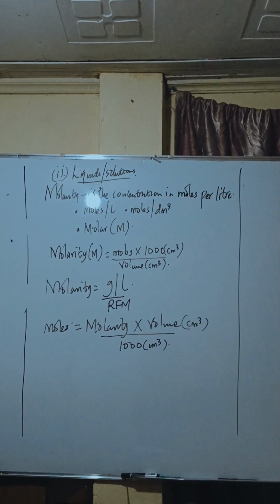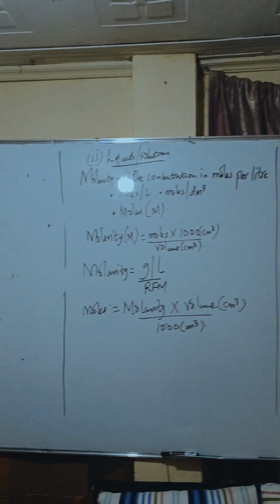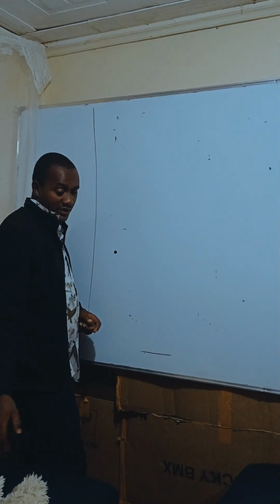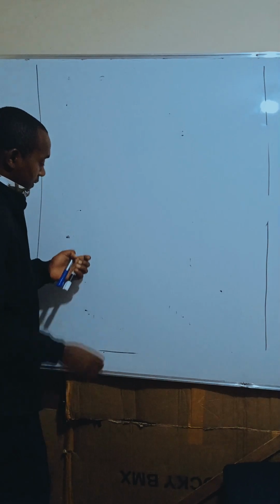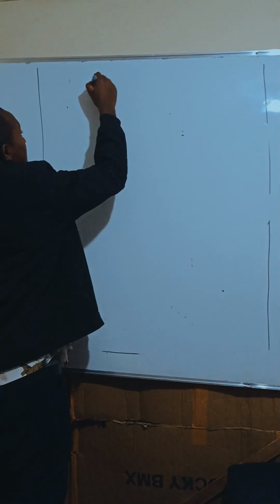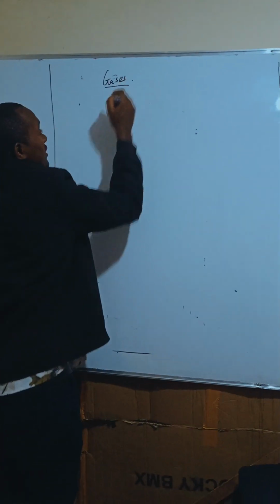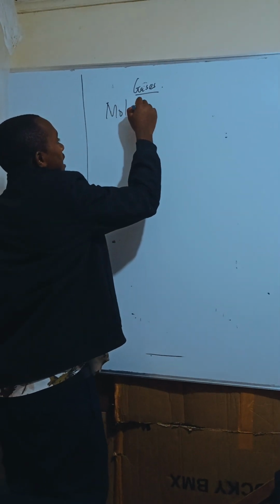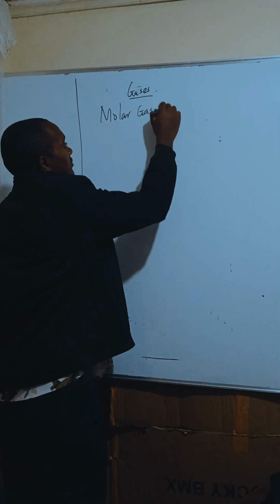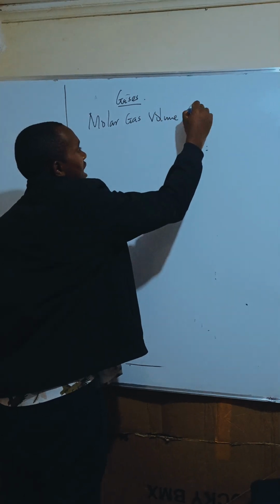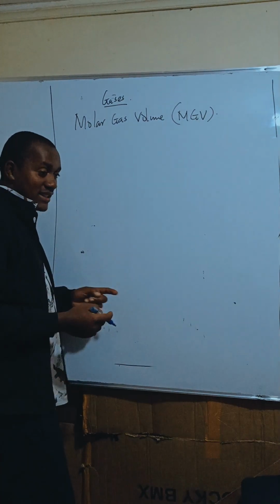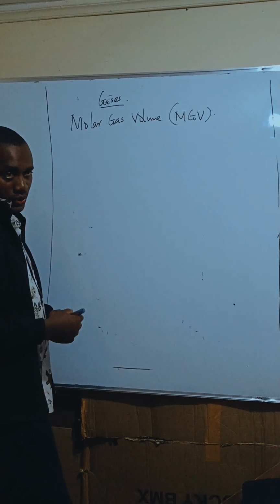In gases, we use something known as molar gas volume, MGV: what the gas occupies at standard conditions.